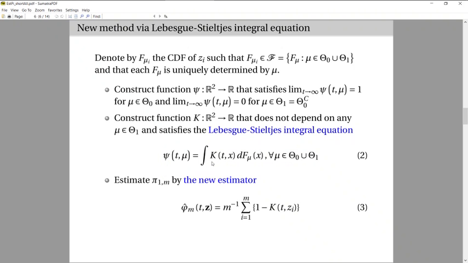The equation connects psi with k and F_mu, and then setting the estimator of the proportion to be the following. Note that the estimator phi-hat_m is an average of quantities involving k, the tuning parameter, and data.